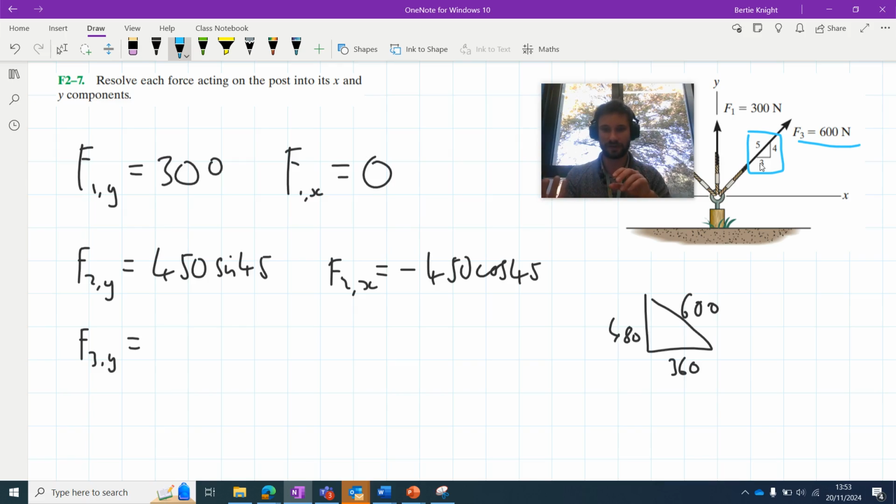is describing the horizontal component in relation to the magnitude or the hypotenuse. The 4 is describing the vertical component, or 4/5 of the hypotenuse. Evidently, if this 3, 4, 5 triangle is in line with this 600 Newton force, then its horizontal component is 360 and its vertical component is 480, right?